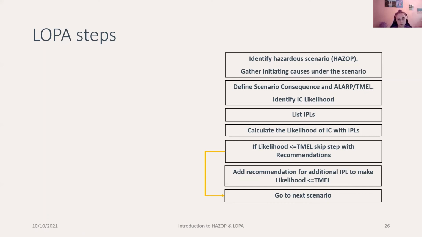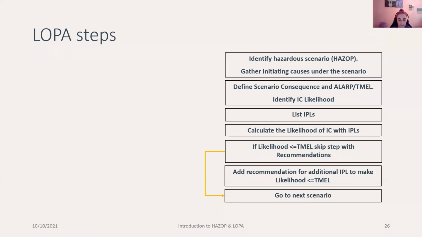Like you are saying that after multiplying and summing, it will be less than your required data, less than TMEL. Then you can skip the next step with a recommendation and go to the next scenario.